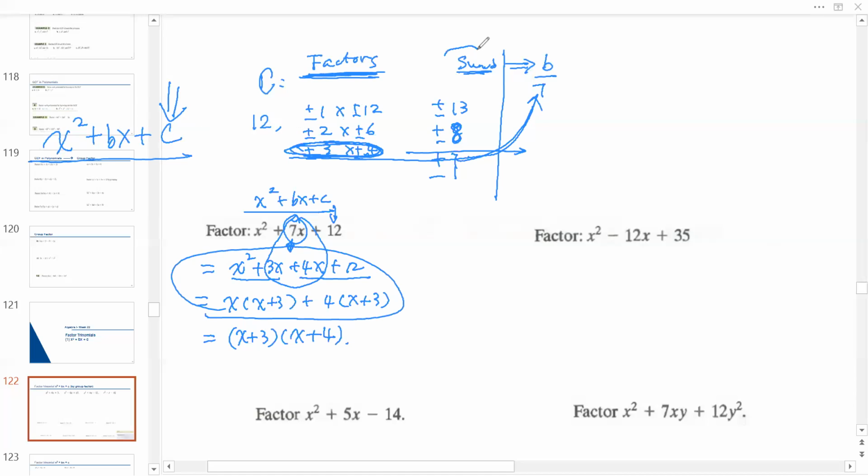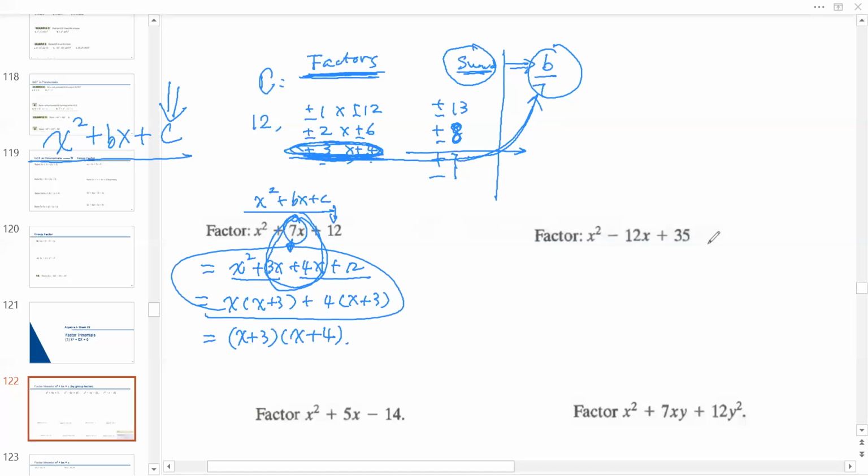And then find their sum, and try to find which of these sums match exactly b. So we take the group here, and the middle term can be broken into the 2 numbers, 2 factors. So you got a result. All right, so much easier, right?